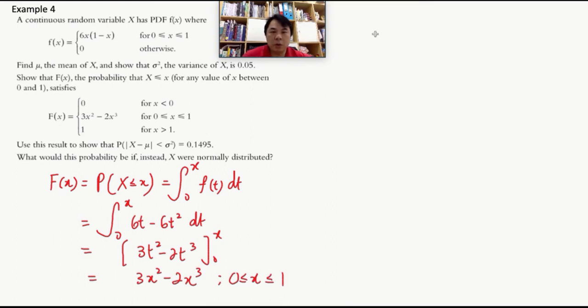Now for that we are going to conclude the description for this distribution function. We can write down that the distribution function is given by 0 for any value less than 0 here, and then if you like to factorize, it is basically just x squared times (3 minus 2x).